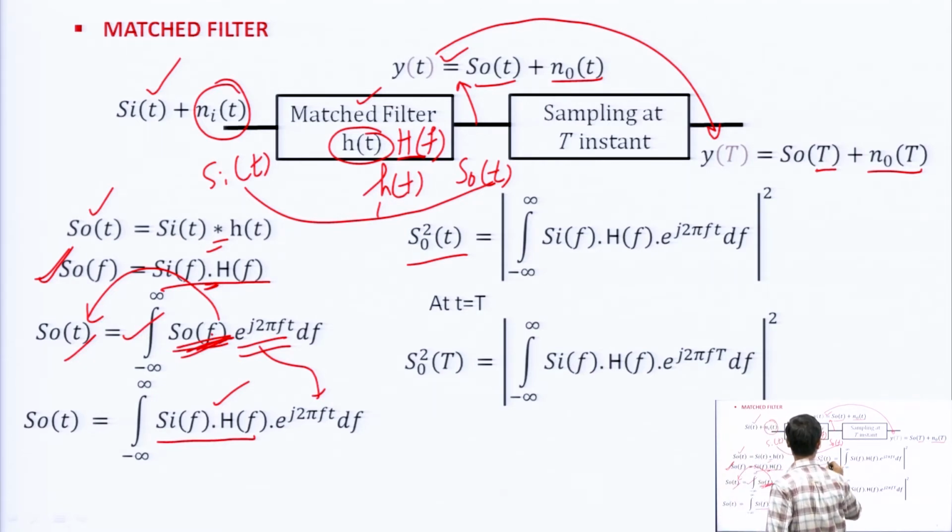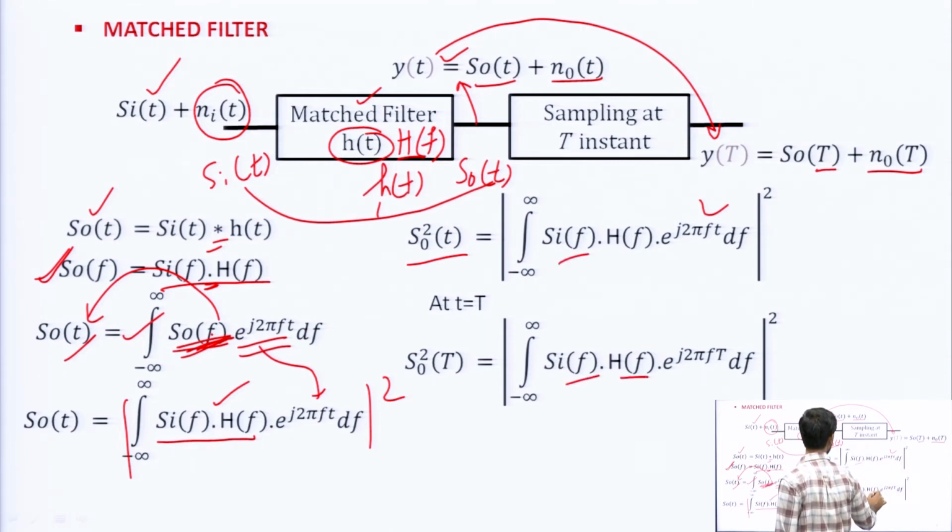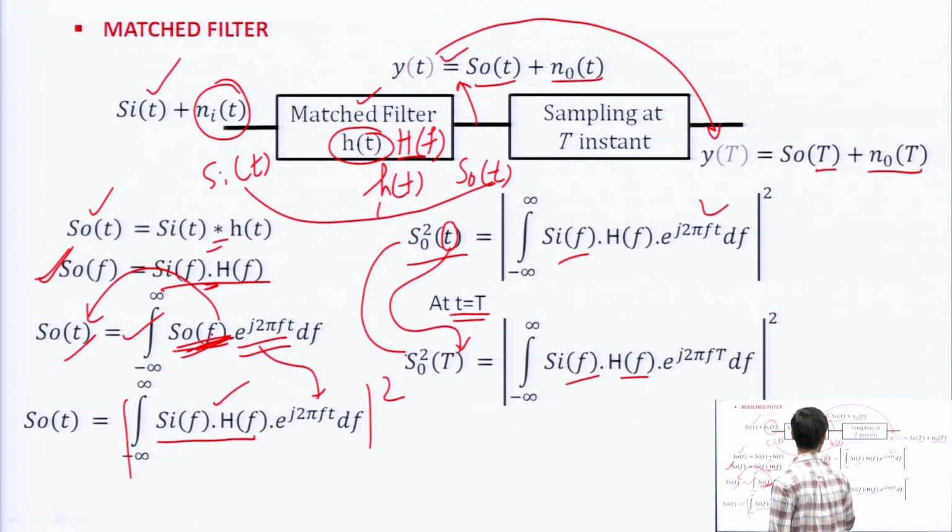So S naught of t squared equals the mod square, the magnitude squared, of the integral of Si of f multiplied by H of f. If I sample at capital T, I can write this simply by writing capital T instead of small t.